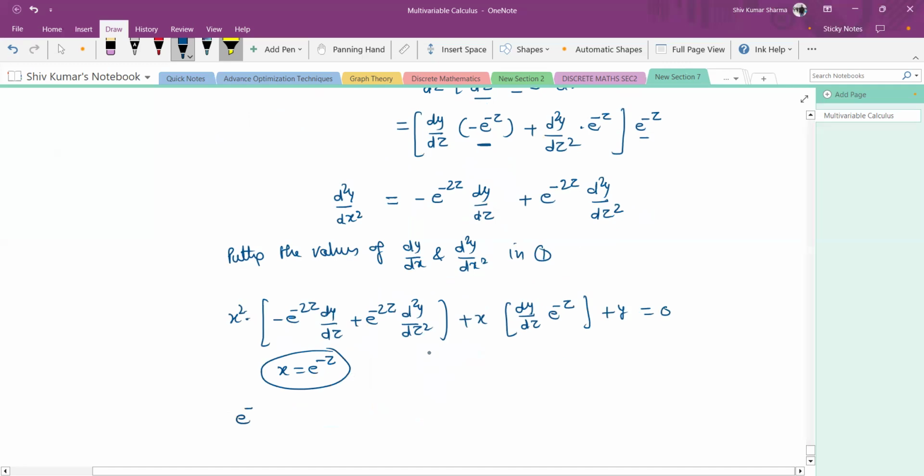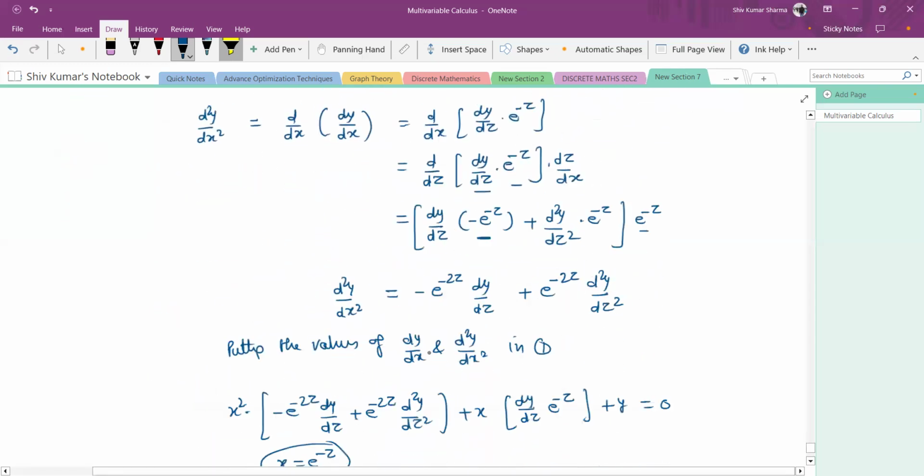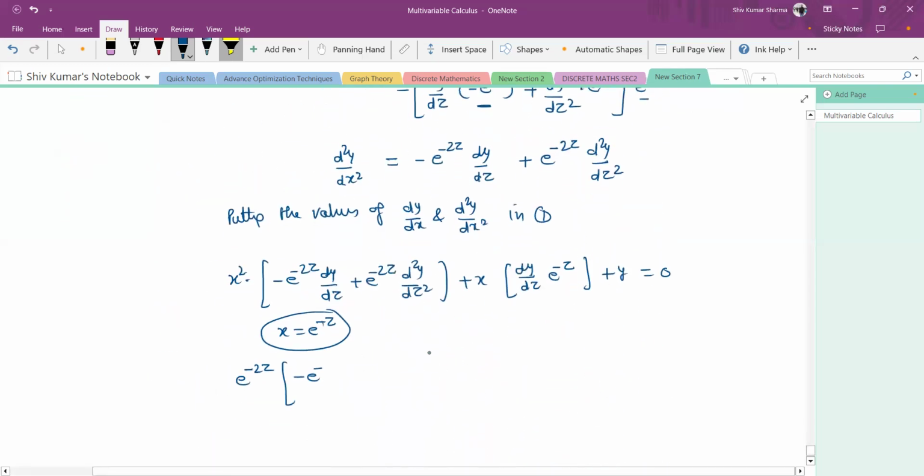So this can be written as e raised to the power 2z into the bracket, e raised to the power minus 2z dy upon dz plus e raised to the power minus 2z d2y over dz square, plus e raised to the power z dy upon dz into e raised to the power minus z, plus y is equal to 0.